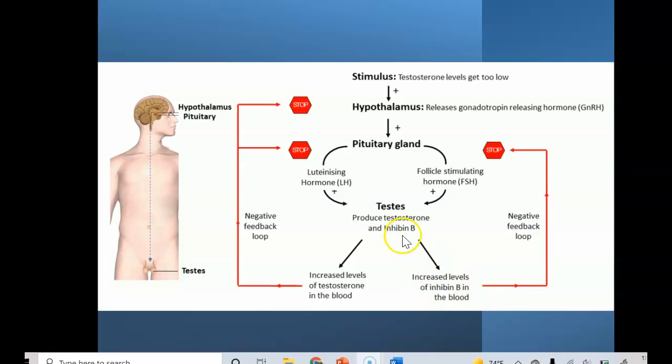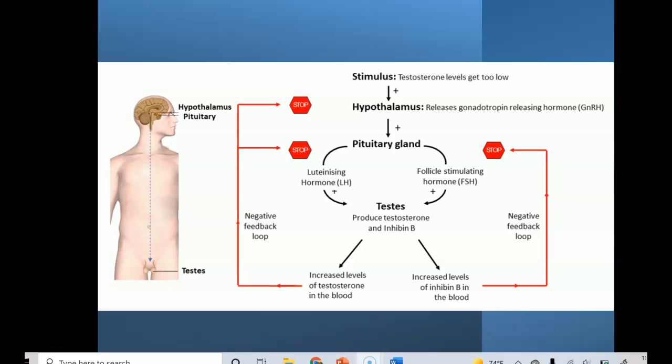The inhibin that is produced is also going to act as a way to stop production, because inhibin actually inhibits the release of LH and FSH. So as the testes produce more testosterone and inhibin, that inhibin is going to travel through the bloodstream, hit the pituitary gland, and also stop the release of these hormones in order to keep the levels where we want them to be.